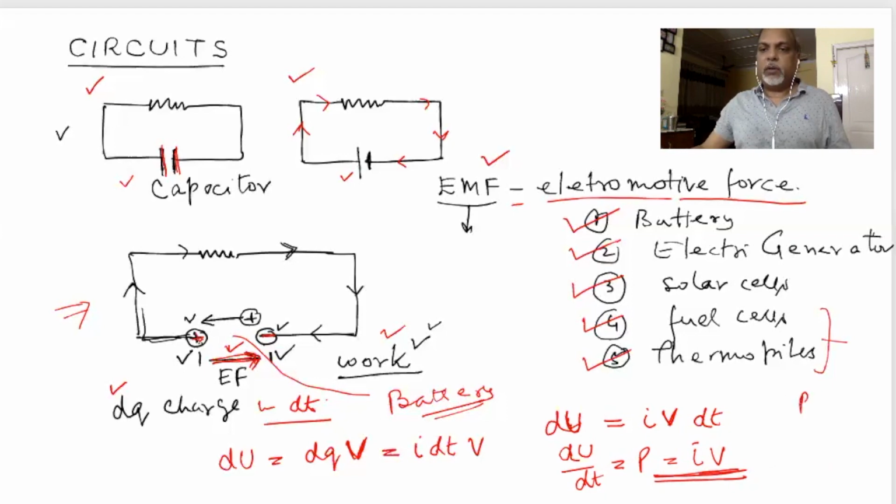Power is also W upon t, as you must have studied in mechanics. So this is the power which an EMF device supplies to generate the current I if the potential difference between the terminals is V.